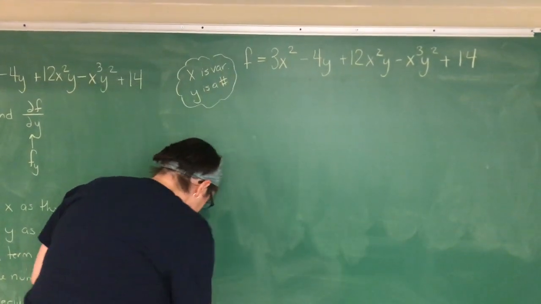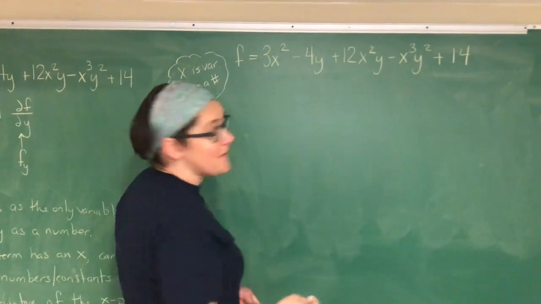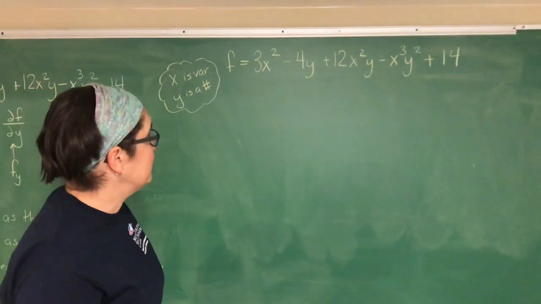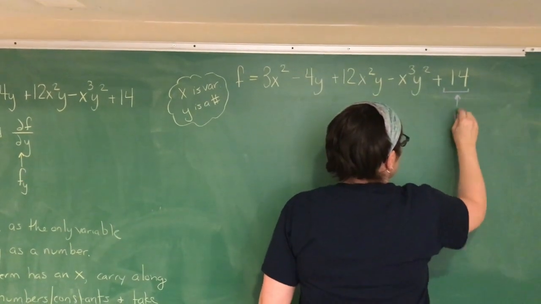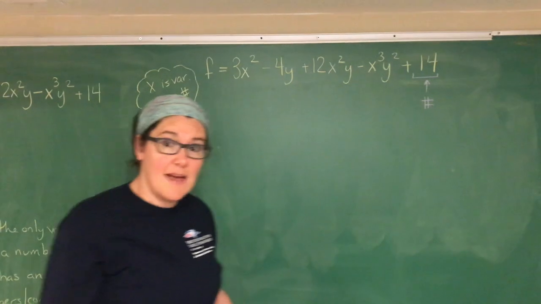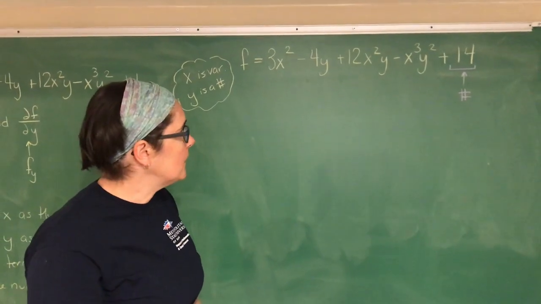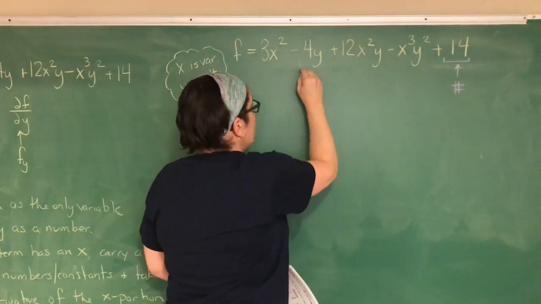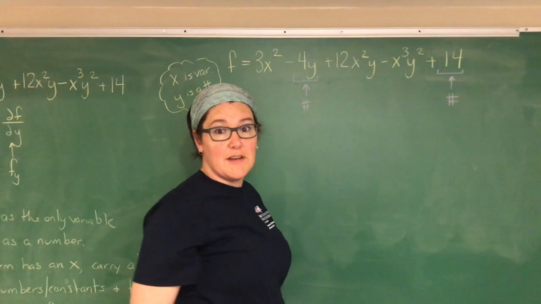All right, so looking at what I have written up here, I'm going to identify the terms that are strictly numbers. So 14, this is just a number. So when I take the derivative of 14, my derivative will be 0. This 4y, that's also just a number.